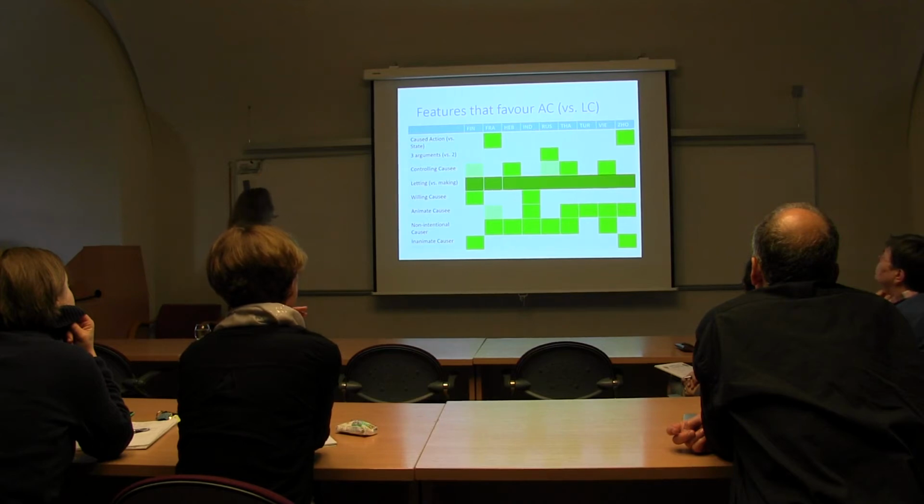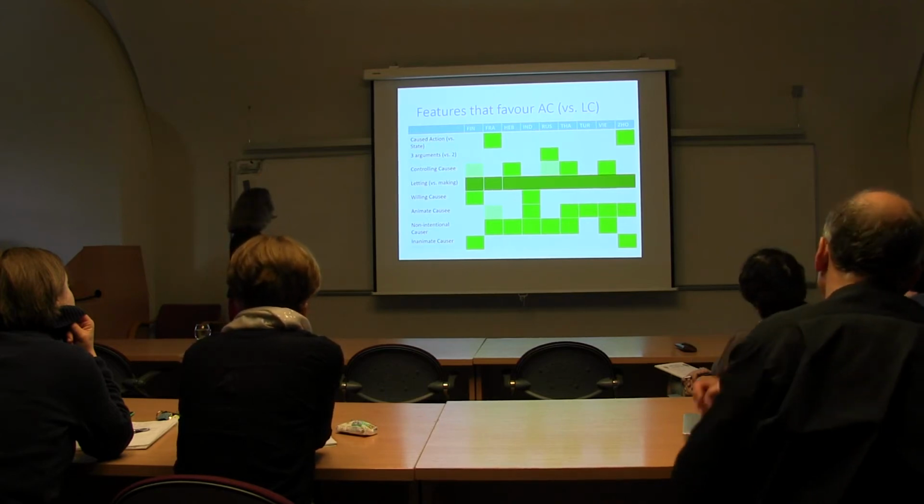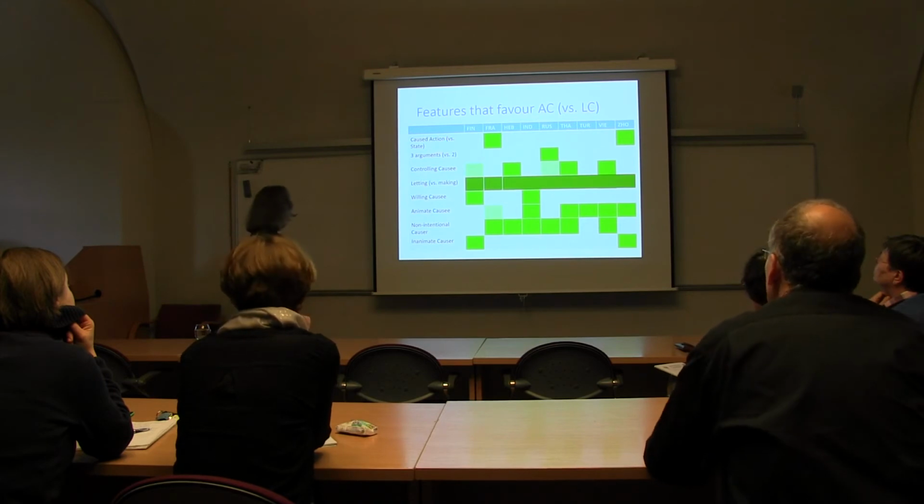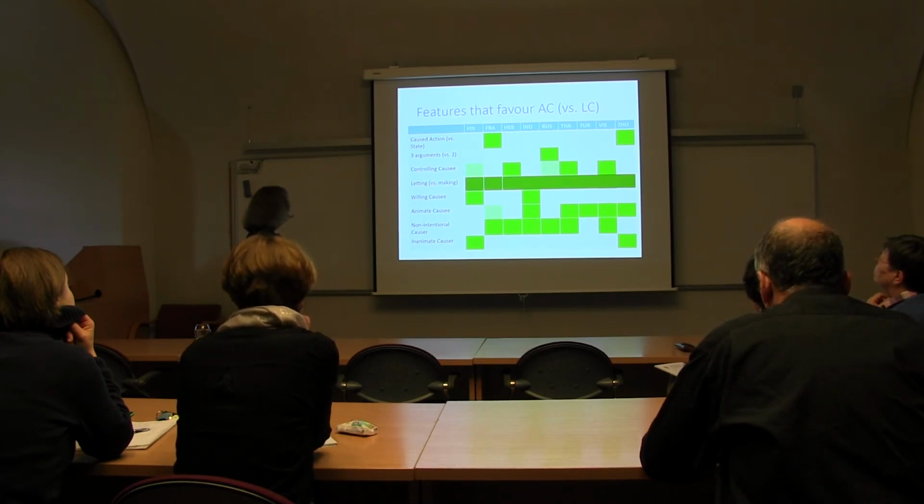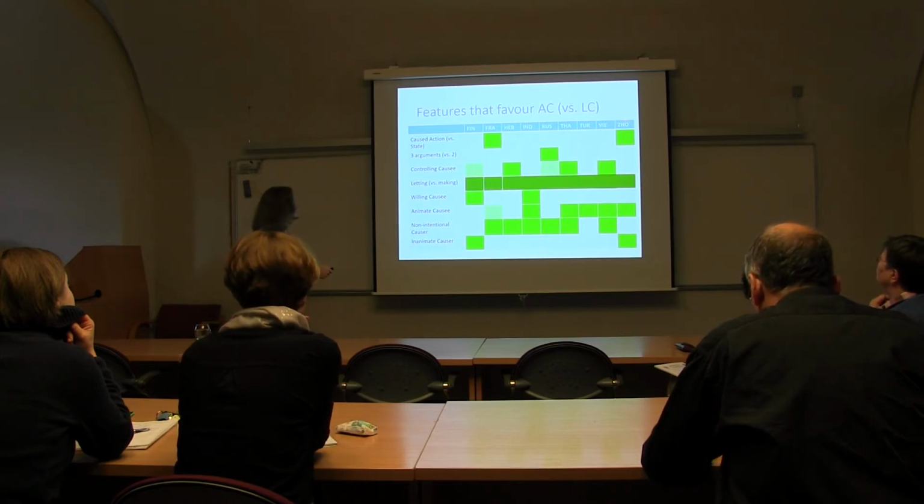These are the following features: caused action versus caused state, 3 arguments versus 2, controlling causee, letting versus making, willing causee, animate causer, non-intentional causer, and inanimate causer. And these are 9 languages. Well, Japanese was excluded because there were just too few analytic causatives there. So this is Finnish, French, Hebrew, Indonesian, Russian, Thai, Turkish, Vietnamese, and Chinese.